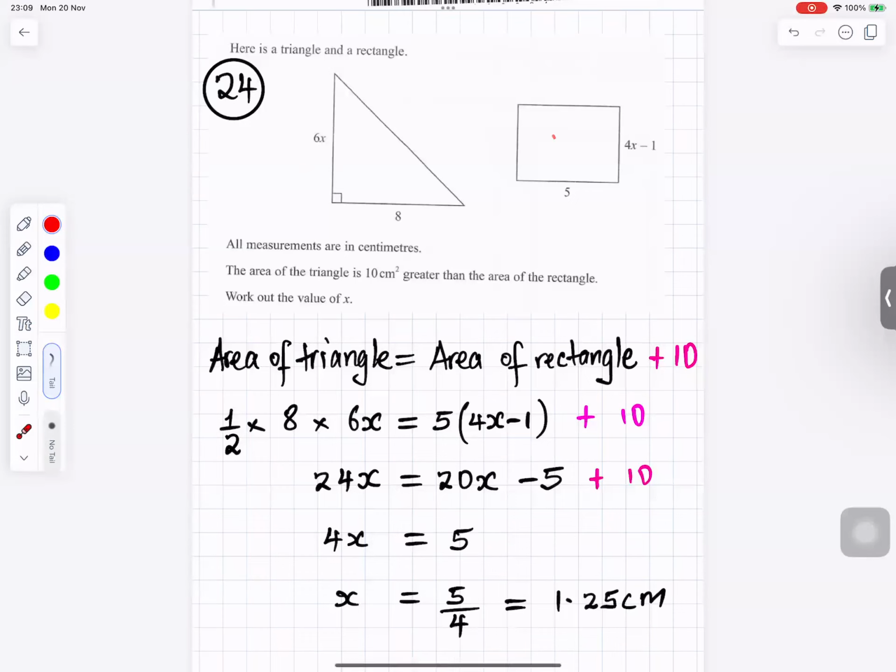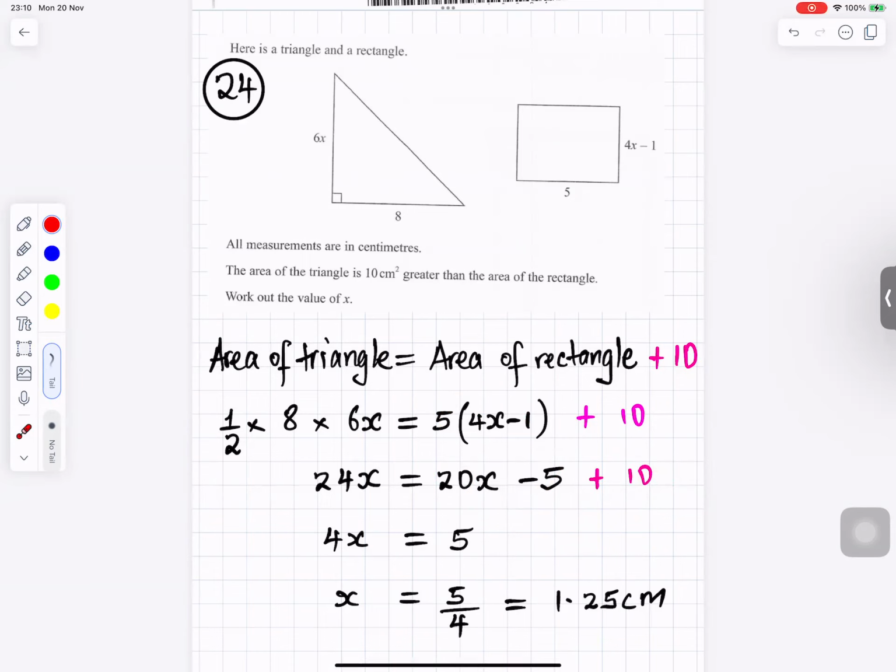Area of a rectangle, length times the width. So 5 times 4x minus 1, plus the 10. Now, half of 8 is 4. 4 times 6 is 24. Remove the bracket. 5 times 4 is 20. 5 times minus 1 is minus 5. Minus 5 plus 10 is the same as 10 minus 5, which is 5.